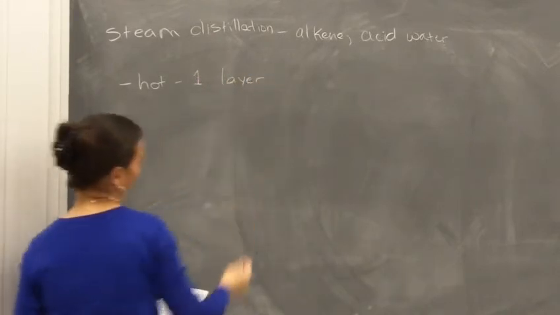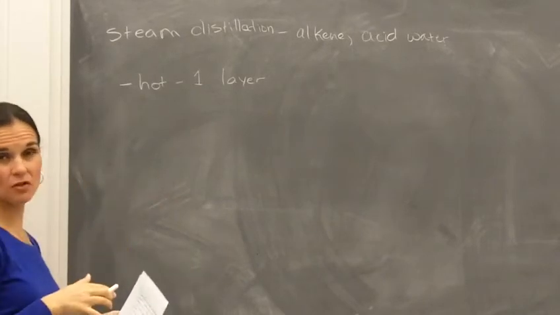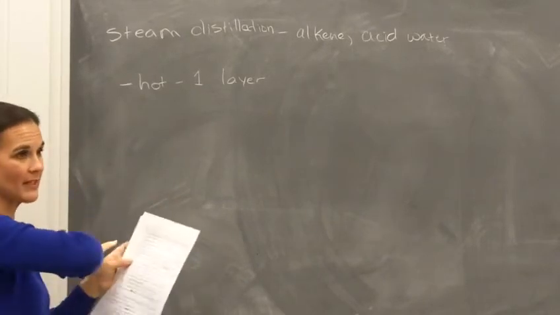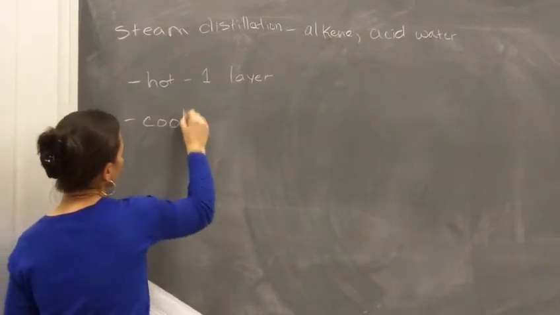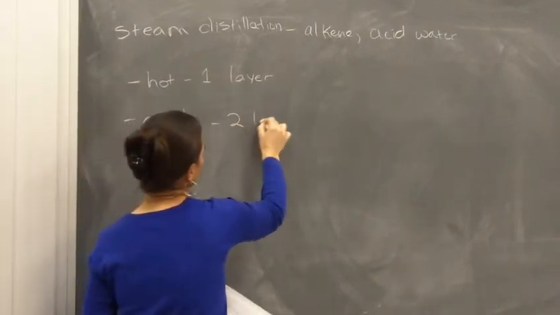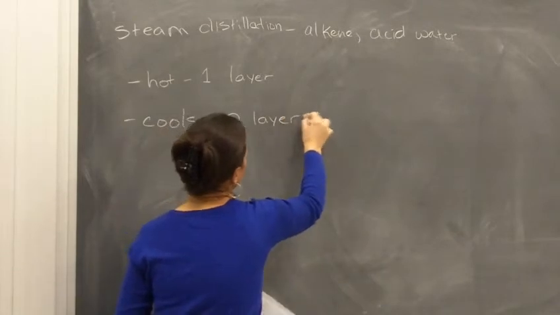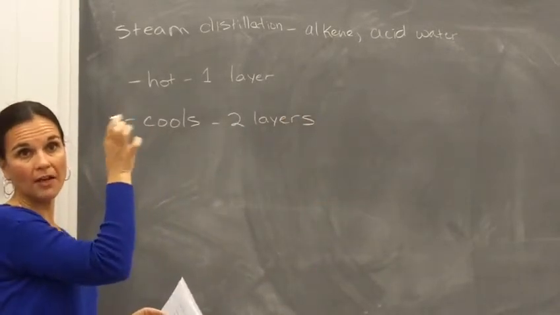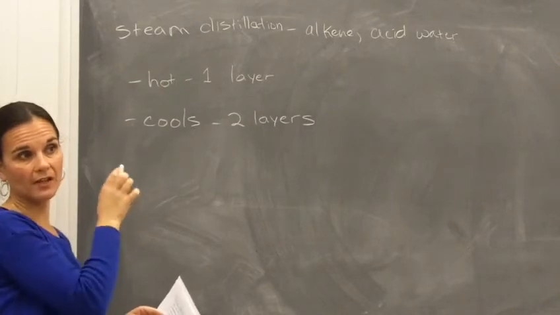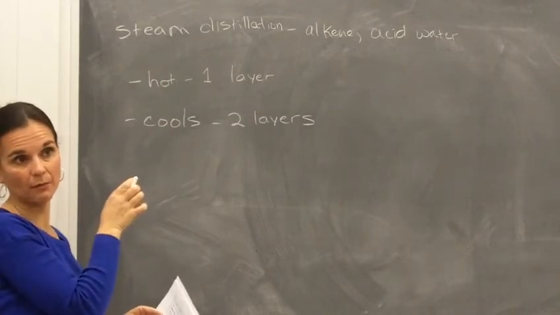It's going to be cloudy because it's a mixture of the two things, but you're not going to see a definite difference between the two. But as it cools, you're going to see two layers form. You'll have your alkene as your organic layer, and then you'll have the acidic aqueous layer, okay?